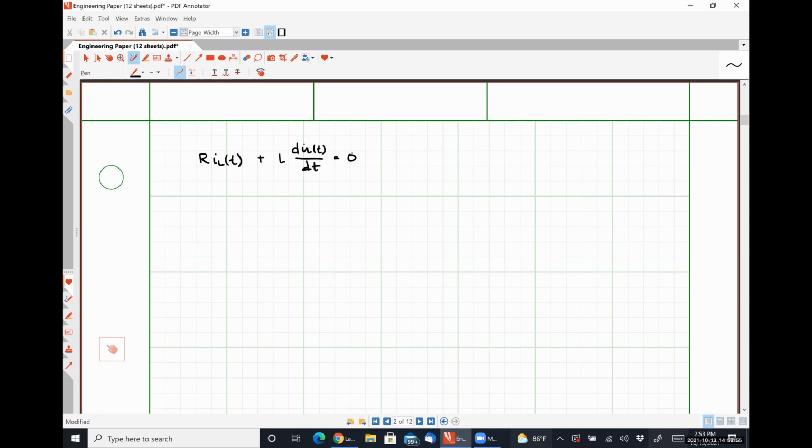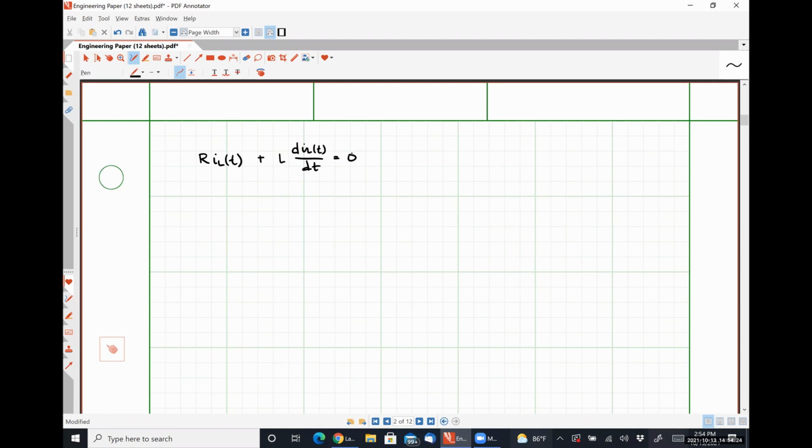Our goal here is to figure out what type of function IL must be to satisfy this equation, okay? So I want IL to be a function where I can add the function and its derivative together with some scaling factors, and they combine together to be 0.